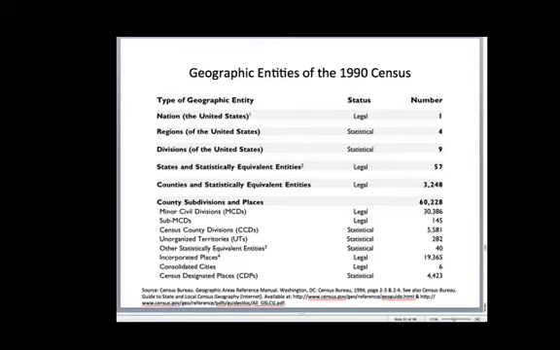So for example, there's one nation. There are 57 states or statistically equivalent entities, and there are 3,248 counties or equivalents. Counties themselves can be further subdivided in several different ways depending on where you are in the country. There can be things known as minor civil divisions within the counties. These may be towns or other areas that are defined for legal purposes.